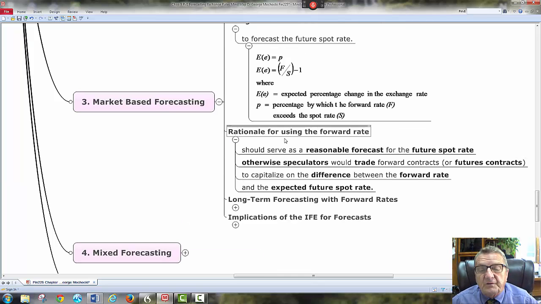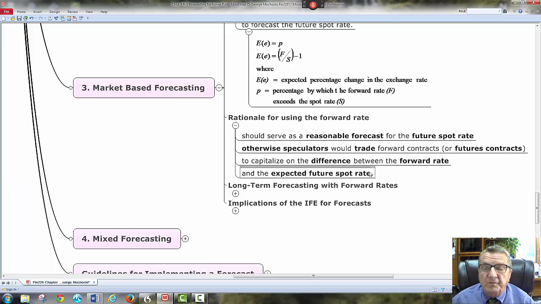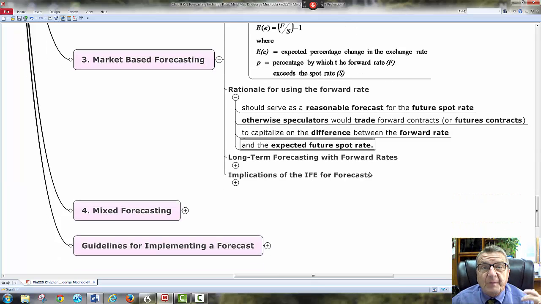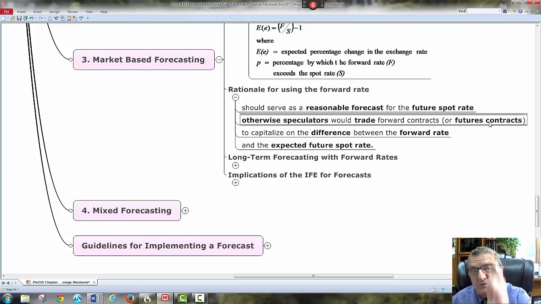Okay, the rationale for using the forward rate is that it gives reasonable forecasts for the future spot rate. Otherwise, speculators would trade forward contracts, or forward future contracts, same thing. Forward and future are used interchangeably. Don't get confused. Oh, I've got two more words, same words. It means a future or forward contract, something in the future, to capitalize on the difference between the forward rate, because it's locked in.